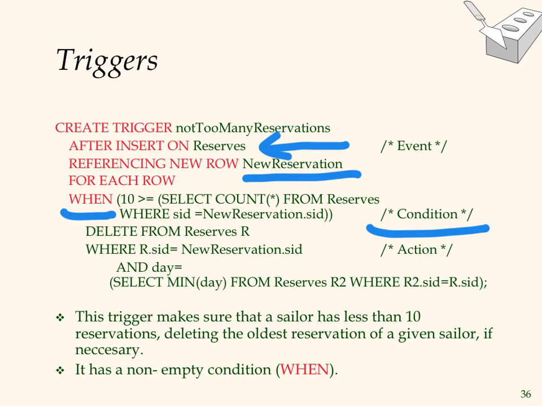So it says I have a new reservation, right? So sailor number 10 has reserved boat number 100. And what I'm going to do is new reservation.sid now would refer to the 10, right? The reservation of a new sailor. So I can now count how many reservations that sailor has previously.